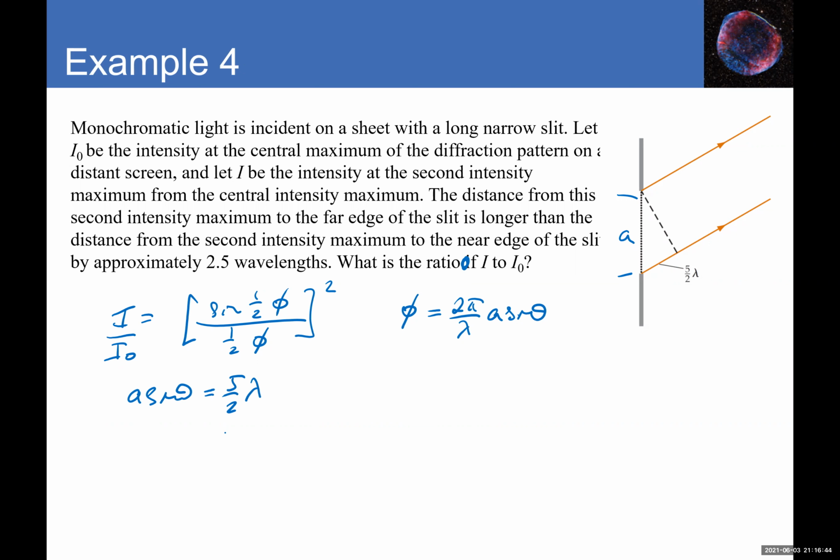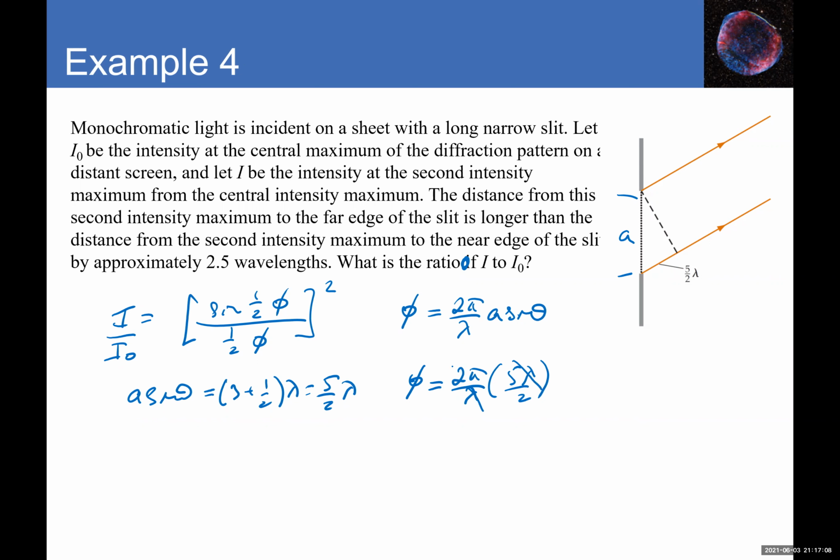because here we do 3 plus 1/2. So we do the 3 plus 1/2 times lambda, so we get 5 over 2 lambda. And so then phi equals 2 pi over lambda times a sine theta, which is 5 lambda over 2.